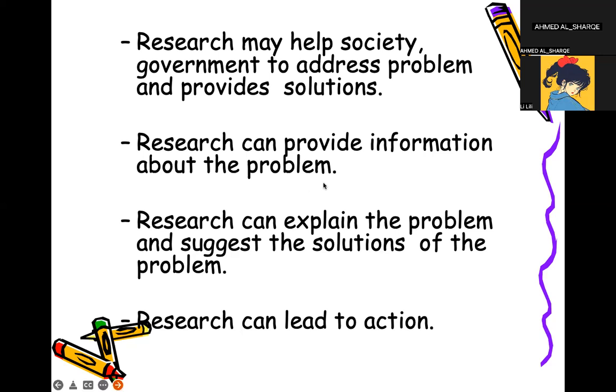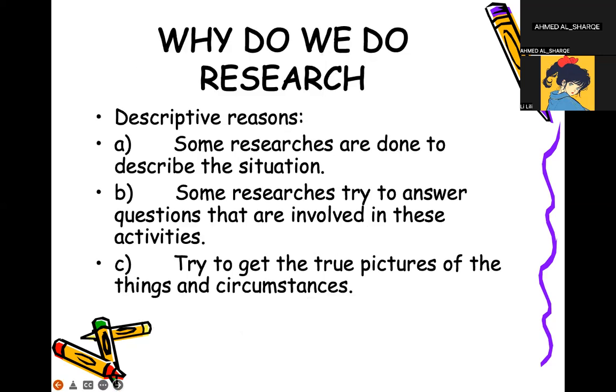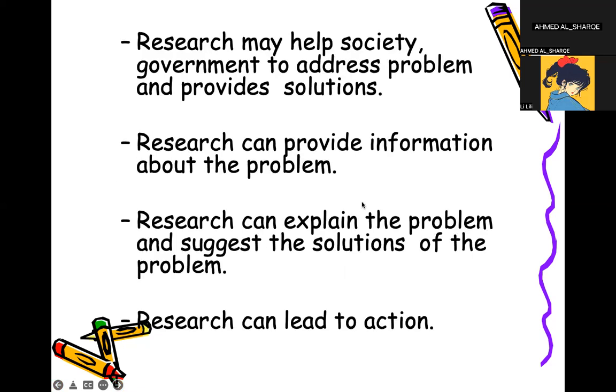And research, as I mentioned before when I talked about the rice issue, can provide information about the problem. That means you know what is actually happening: there is a statistic on the rice price, and there is a statistic on the shortage in each state.